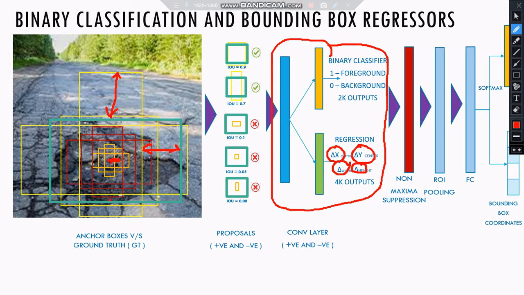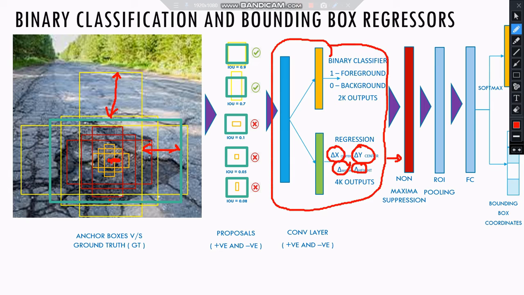After these classifications were done, you had the next step, which is non-maximal suppression. As we know, you will have different anchor boxes which overlap each other, and these were reduced using non-maximal suppression.